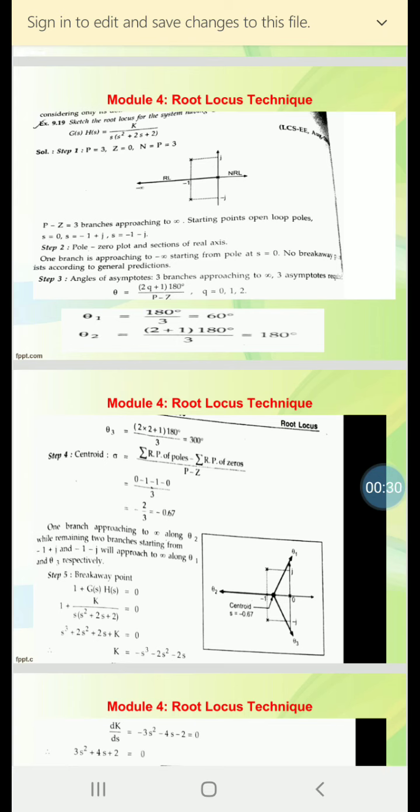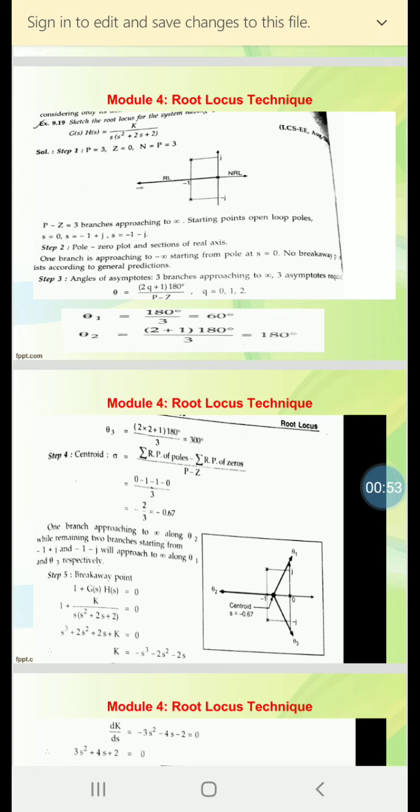So when you see the equation of G(s)H(s), the number of poles P is equal to 3. The number of zeros Z is equal to 0. And n will be equal to P, which is equal to 3. So this is the diagram showing the location of poles and zeros.